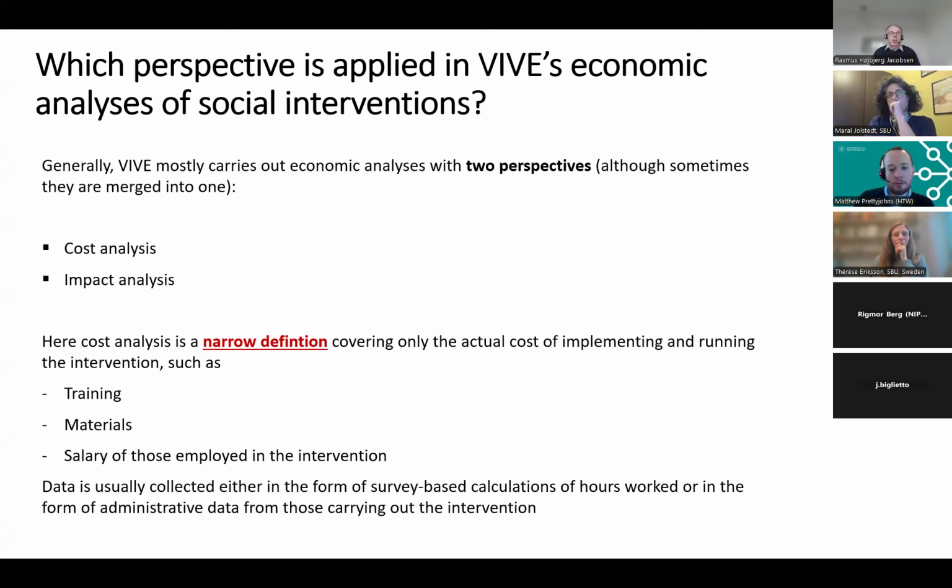In that sense, we have a broad definition, in that we use all types of different outcomes such as labor market attachment, healthcare utilization, crime, and it could also be, like Matthew showed us, substance abuse or similar. I don't have that in the examples that I'll show you now, but we have done other calculations from that.